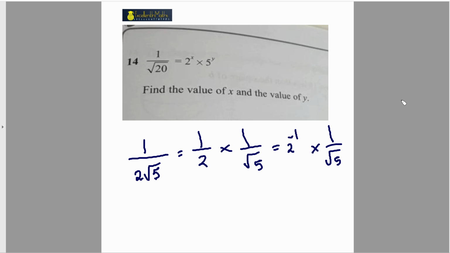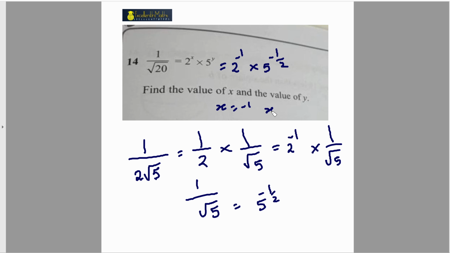Root 5 itself is 5 to the power of half. So when you put 1 over it, that's going to make it 5 to the power of minus half. So when you compare it to that, it's 2 to the power of minus 1 times 5 to the power of minus a half. Now x is minus 1 and y is minus a half.